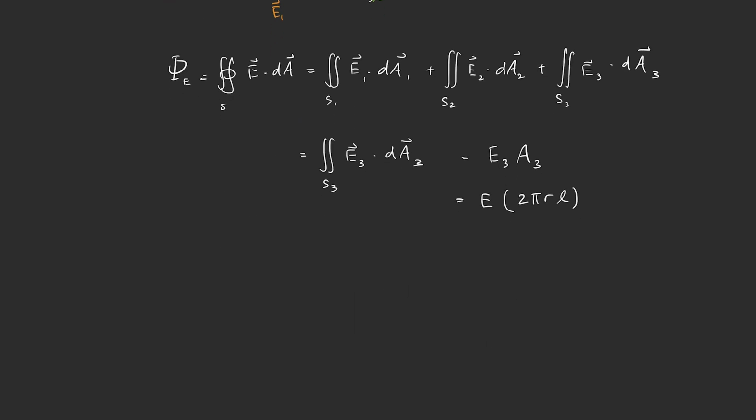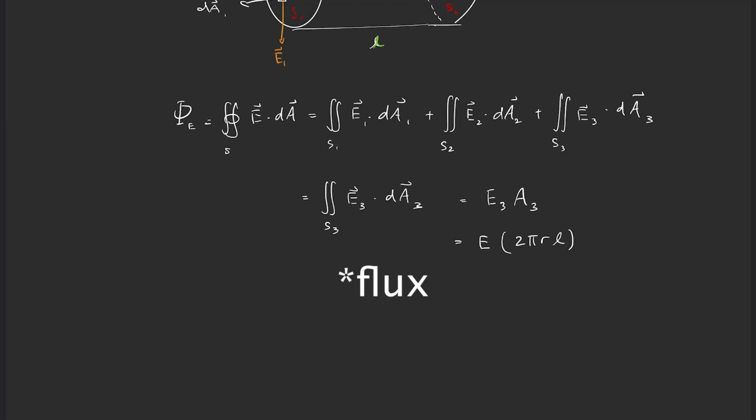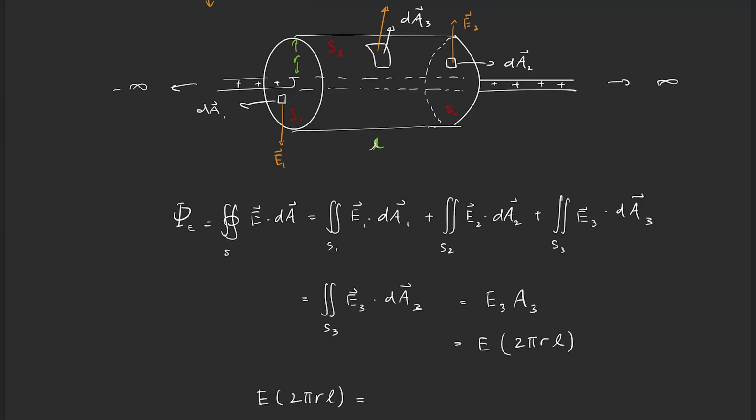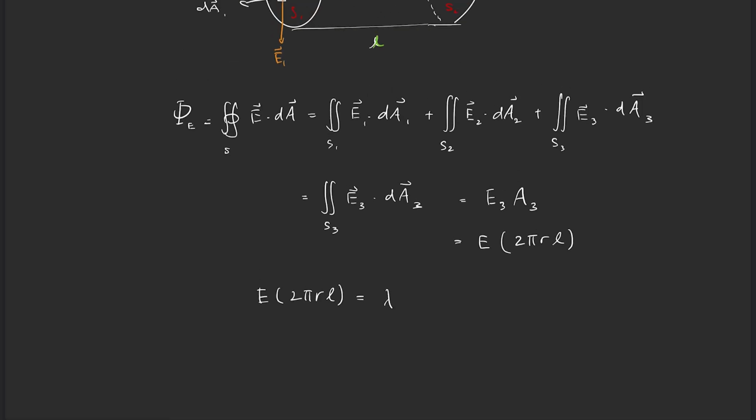We can say that E3 is our entire electric field because, again, at the two ends, there's no field passing through them. Now we can apply Gauss's law, which says that our integral, which we computed, is equal to the charge, lambda L, times 1 over epsilon naught.